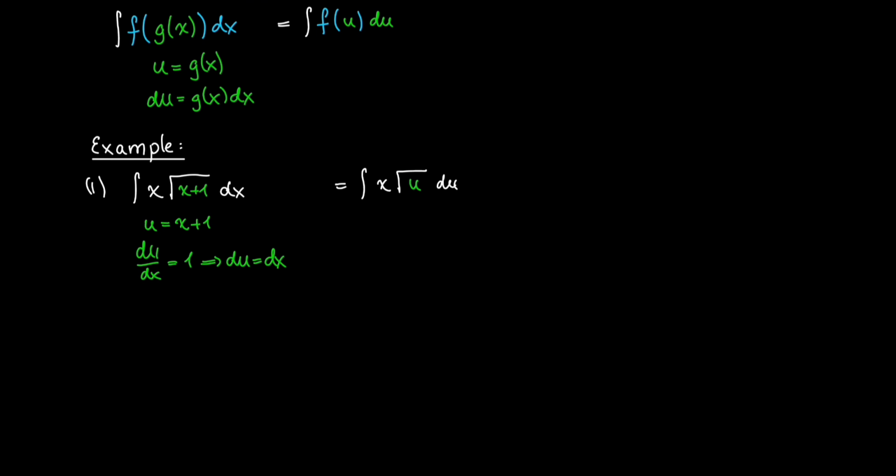So if I slightly rearrange this, to be precise, move the plus 1 from the right-hand side to the left-hand side, what I get is u minus 1 is going to be equal to x. So now, that means that in the integral, instead of x, I can just write u minus 1, and then times u to the power of 1/2.